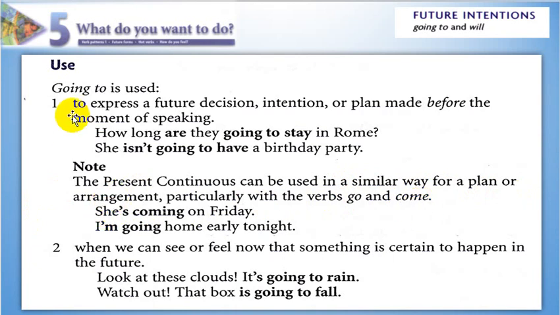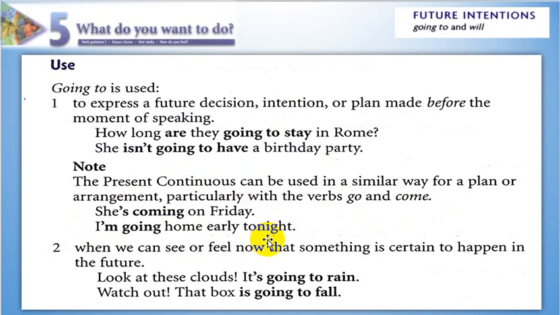يعني كما هي صيغة going to تستخدم للقرارات المستقبلية أو النية المستقبلية التي اتخذت قبل لحظة الحديث، فاستخدام الفعل go وcome بصيغة المضارع المستمر أيضا تخدم نفس الغرض. She's coming on Friday. هذا قرار مسبق وليس في لحظة الحديث. She's coming on Friday.